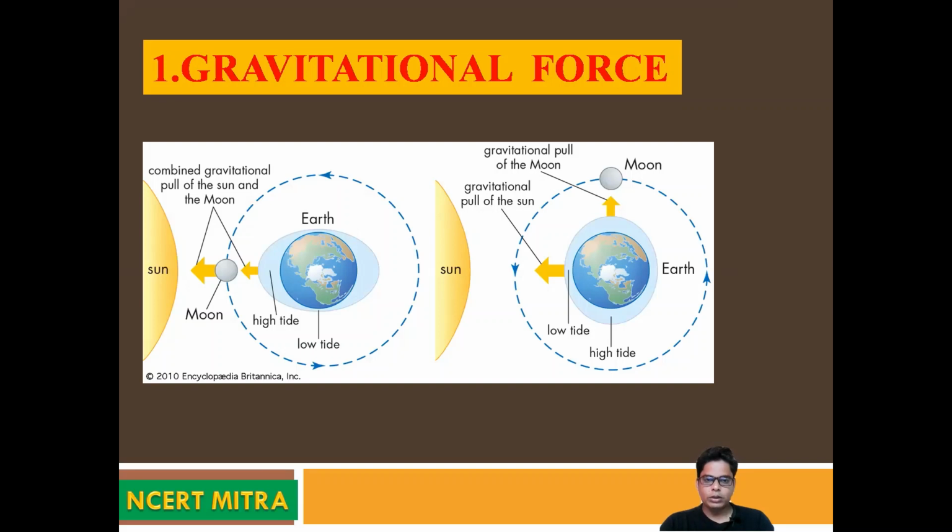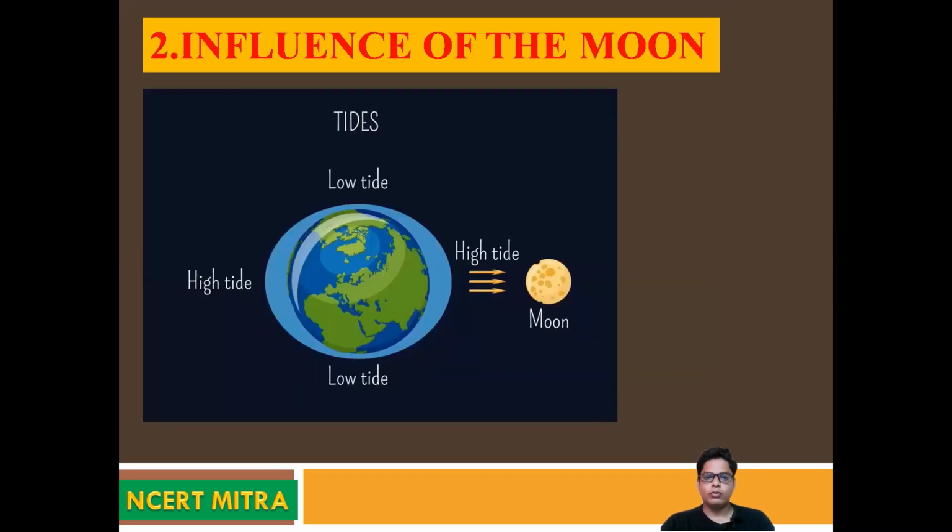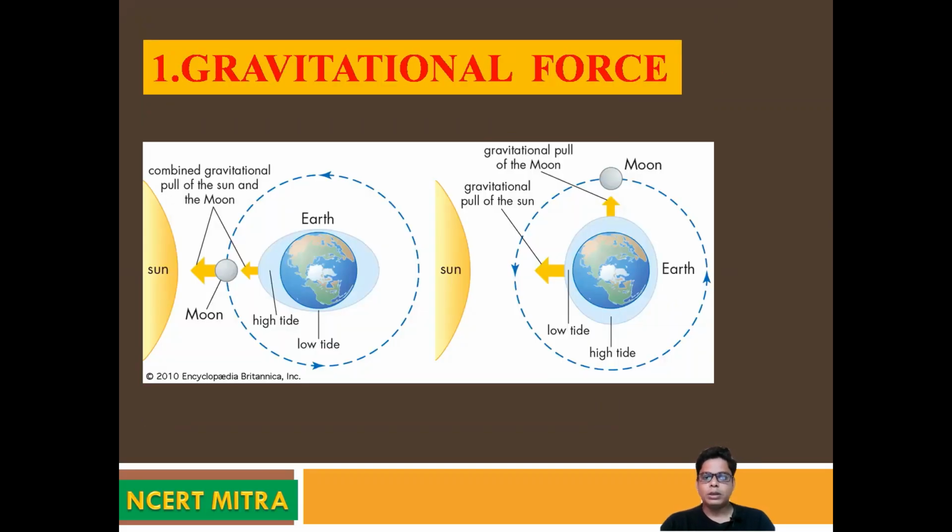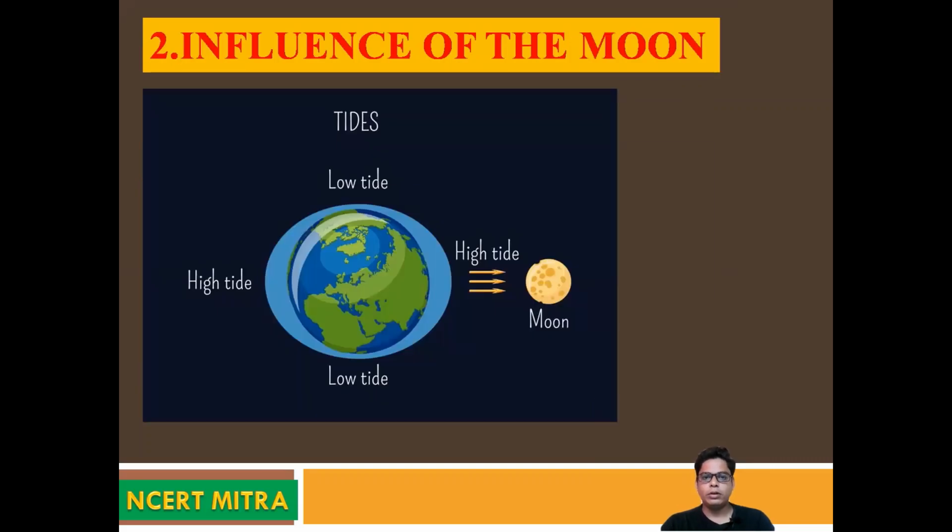Then the second cause is the influence of the moon. Previously we discussed the earth, now the moon, which also plays a vital role. The distance between the moon and earth is very short, as I discussed earlier, 384,400 kilometers. Due to this, the moon always tries to attract the earth's land masses, but it always succeeds in pulling the bulk of the water from one area.